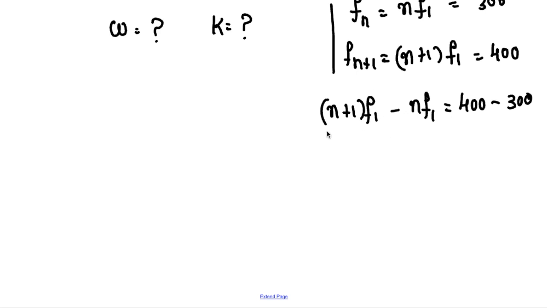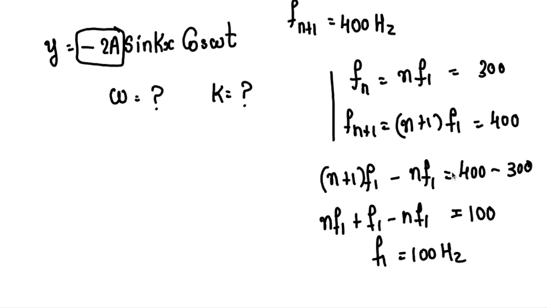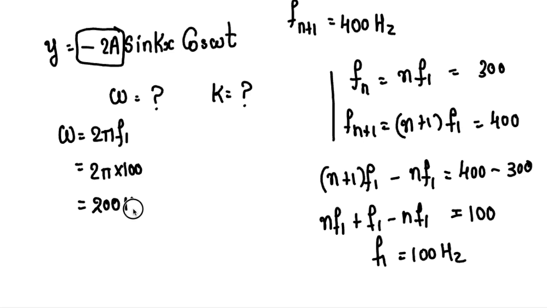My goal is to find F1. So nF1 plus F1 minus nF1 is equal to 100. So my F1 is equal to 100 Hertz. Now I know that omega is equal to 2 pi f, that is 2 pi f1, which is 2 pi into 100. So my omega is equal to 200 pi.